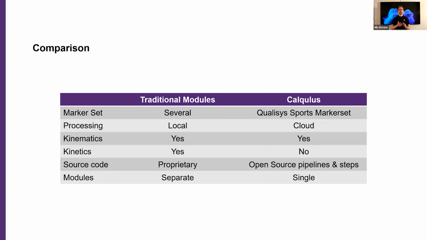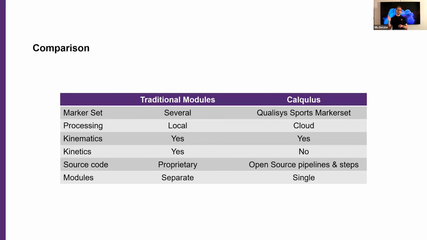So if you want to know how Qualisys detects the events in cycling, you can just go into that repository, look for the step where we do the event detection, and then you can see exactly the definition that we use. The steps that are used within these pipelines are also open source, the source code for those. So if you want to know how Qualisys has implemented that filter that Raymond just showed, you can just go into that repository and look at those.